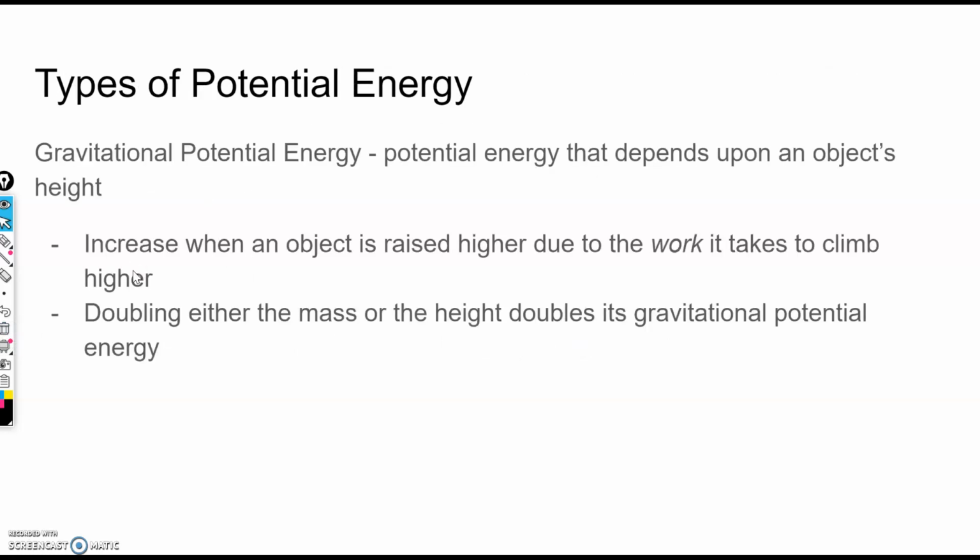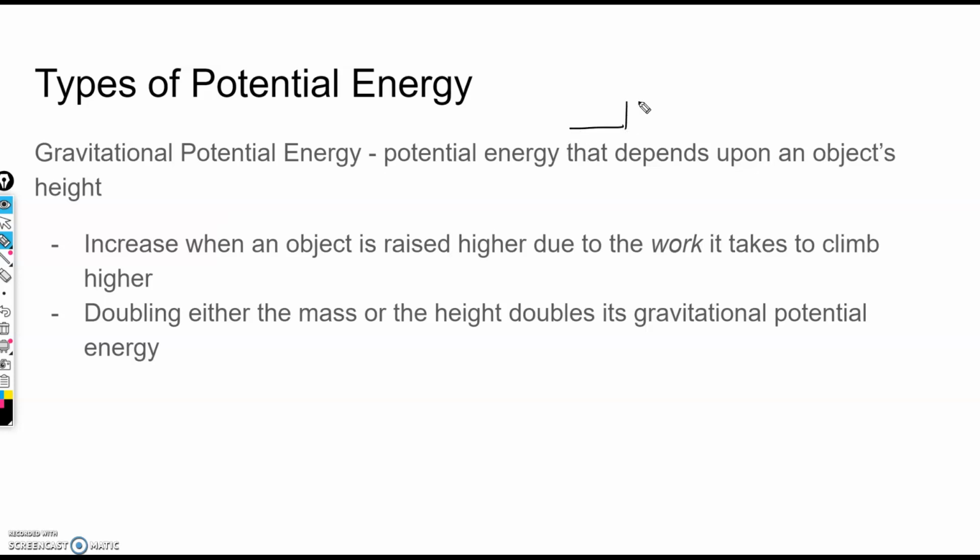So when we talk about potential energy, there's also different types of potential energy, compared to kinetic energy, which is just one thing. So we have what we talked about, which is gravitational potential energy. It's the potential energy that depends upon the object's height. So this really depends upon how high it is, because remember it has the same gravitational pull.